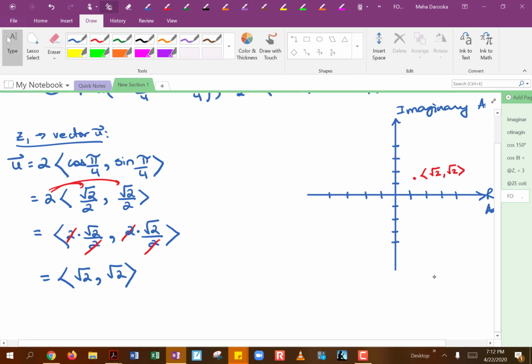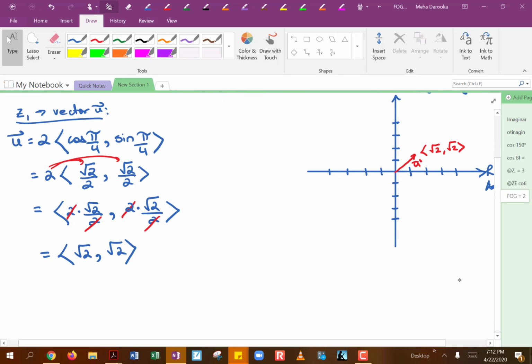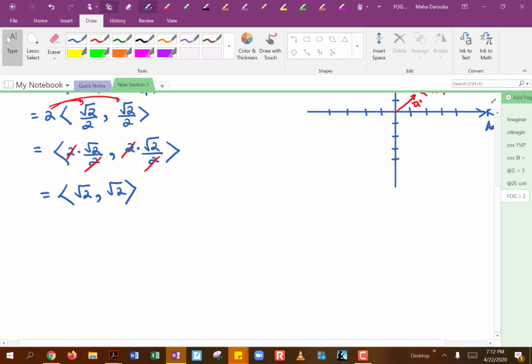Okay, so that will be, there we go. This is our vector u. Now let's see what happens with vector v. So that's going to be for the z2. We are going to rewrite that as vector v.